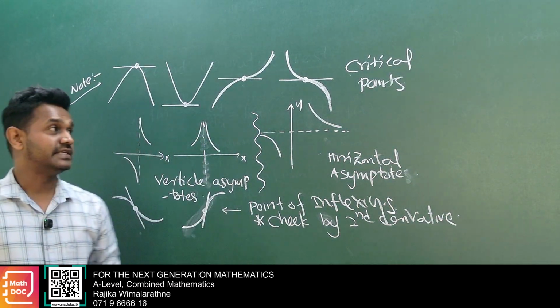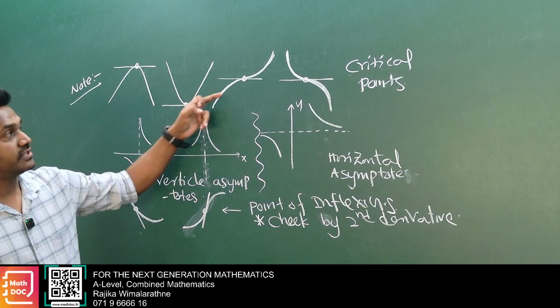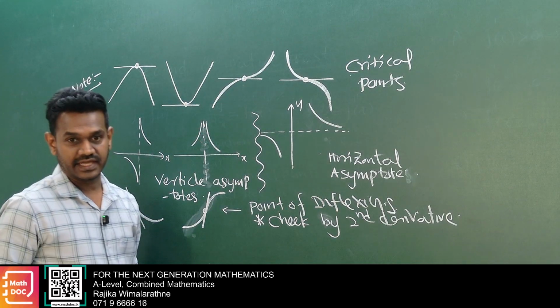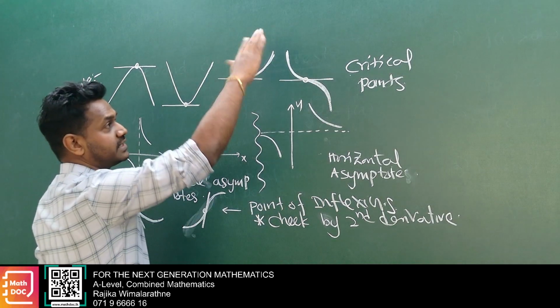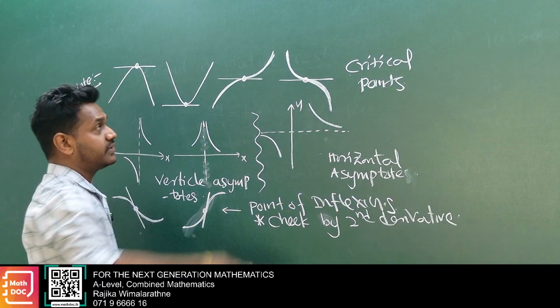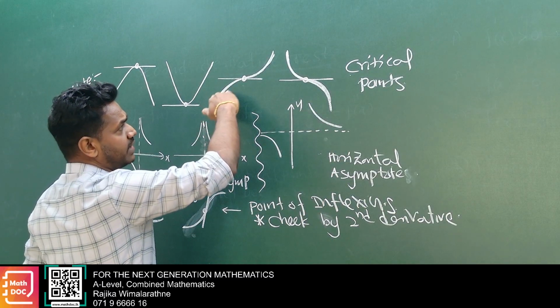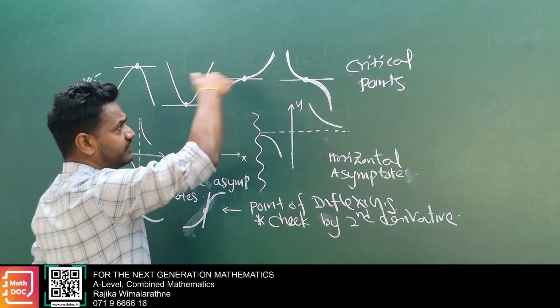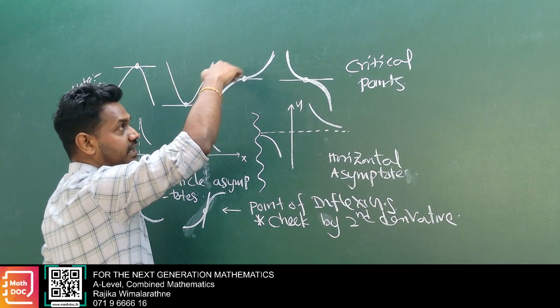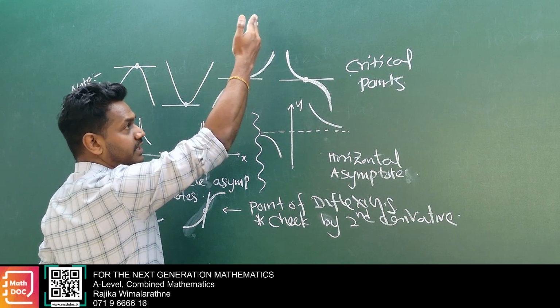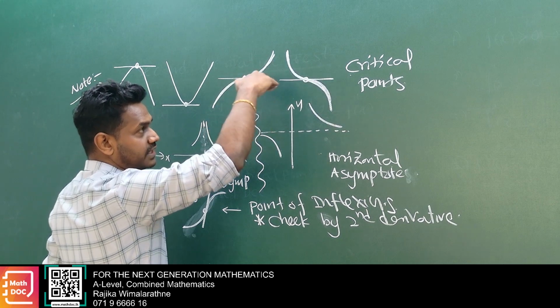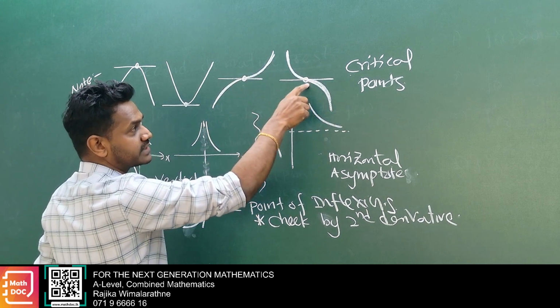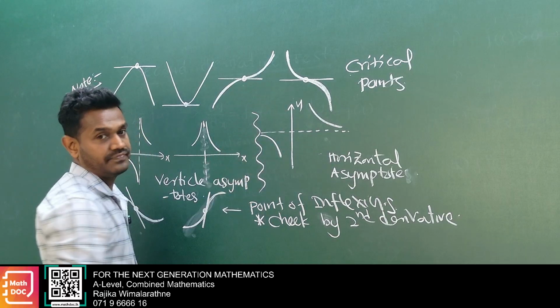Don't mislead this with this one. This also we call a point of inflection: increasing inflection, decreasing inflection. The specialty here is concave down, then it changes to a horizontal position, then concave up. Here concave up, then horizontal, then concave down. Here a critical point, when you sketch a tangent, that is horizontal.